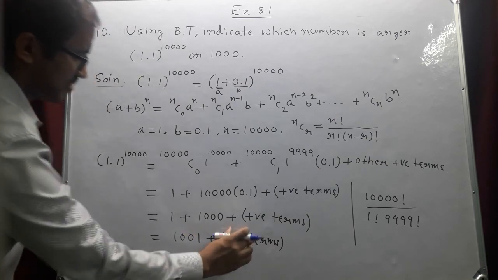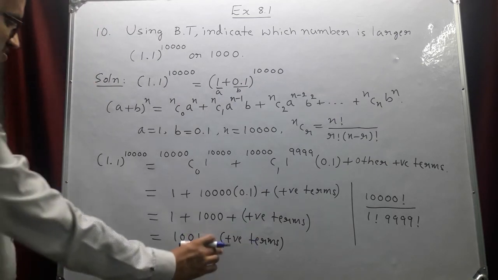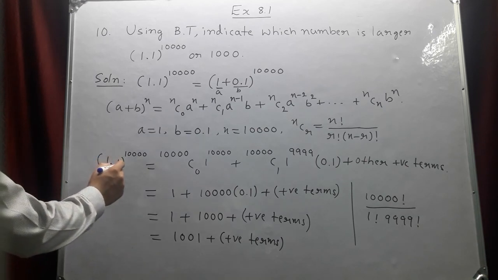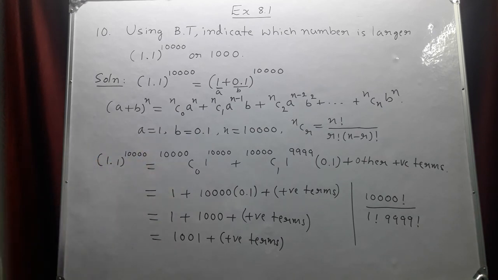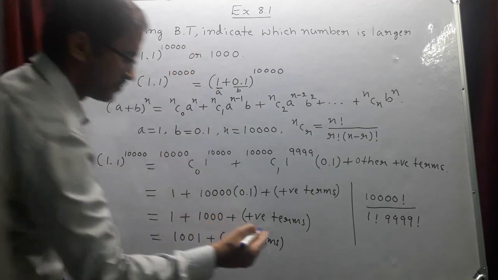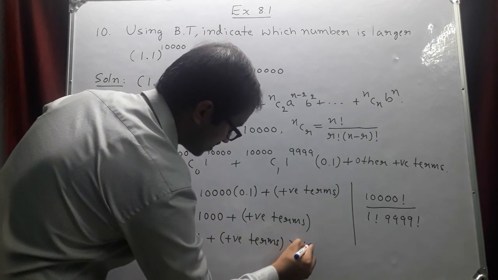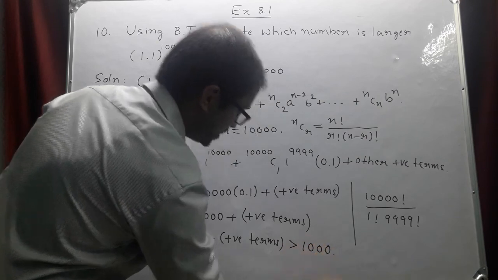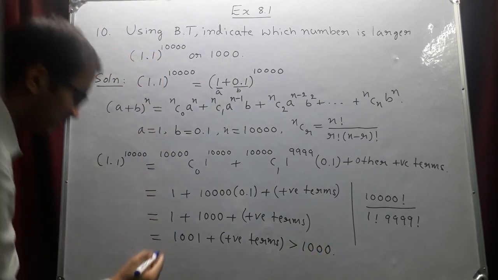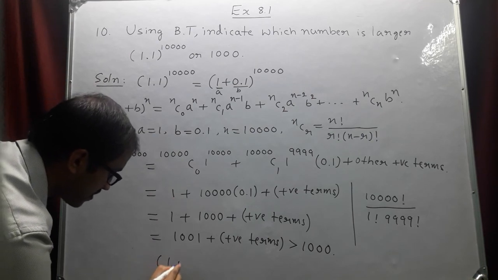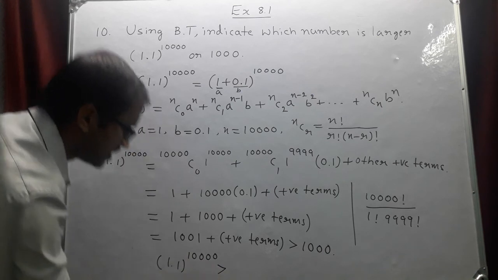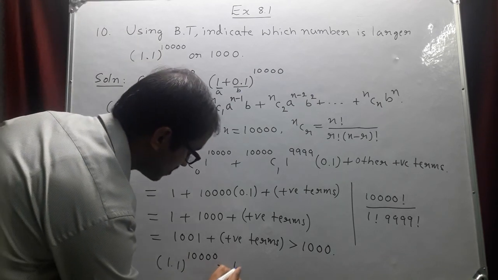So 1001 plus positive terms means obviously what happens? It is more than 1000. So 1.1 power 10,000 value is more than 1000. So what can we conclude? We can conclude that 1.1 power 10,000 is larger than 1000.